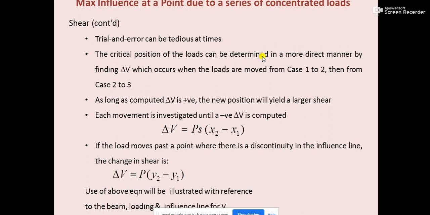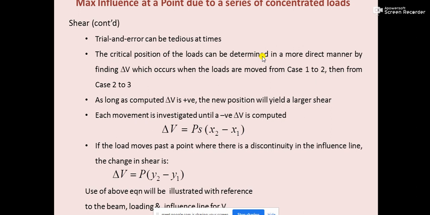And then for the next position, when the series of loads moves from position 2 to position 3, if you find the value of the change in shear to be negative, then this is a positive to negative change.